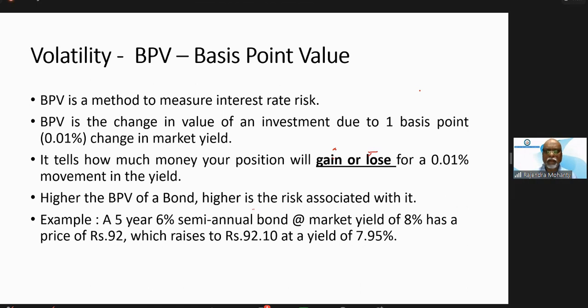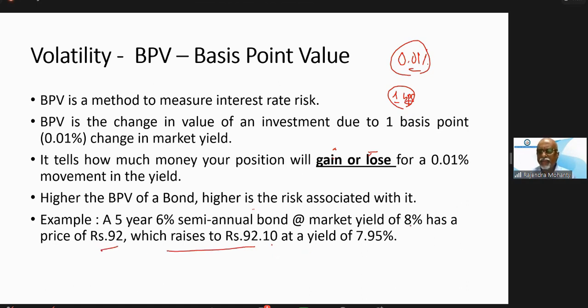If any BPV question comes, you can do it. Sir, please show the formula of BPV. What is the formula again? For BPV, the 0.01 is the formula. You have to calculate the change in the market value for 0.01%, that is 1 basis point.